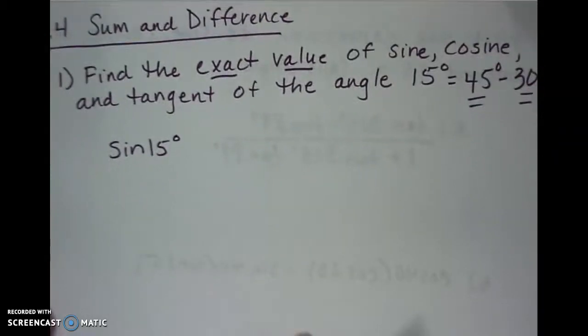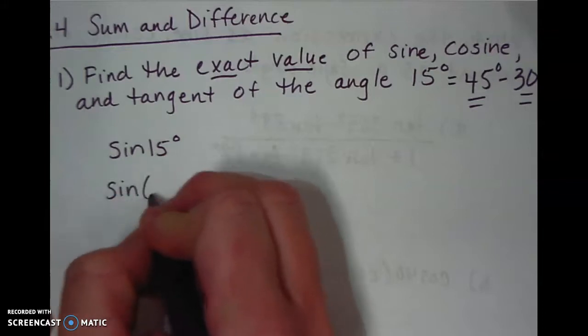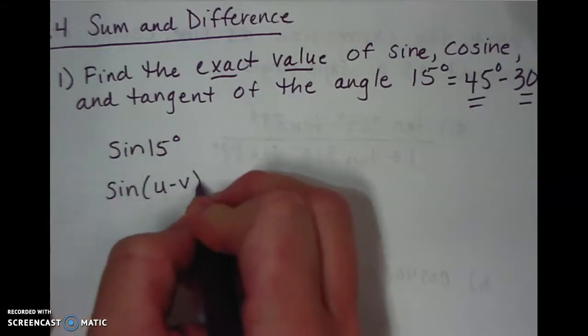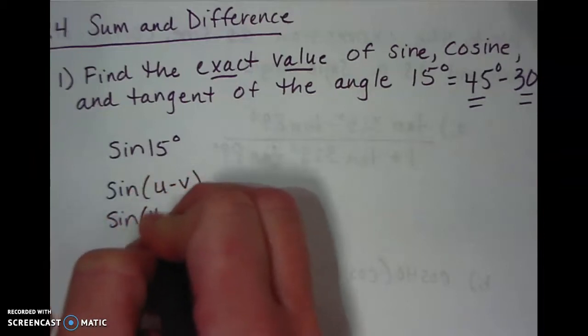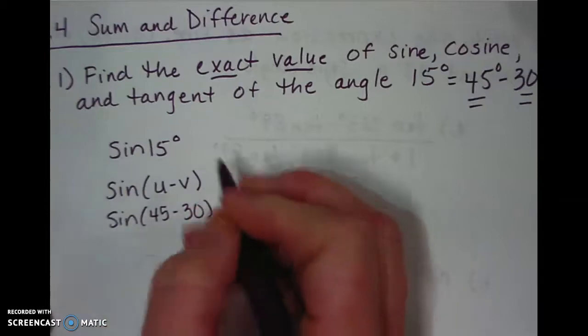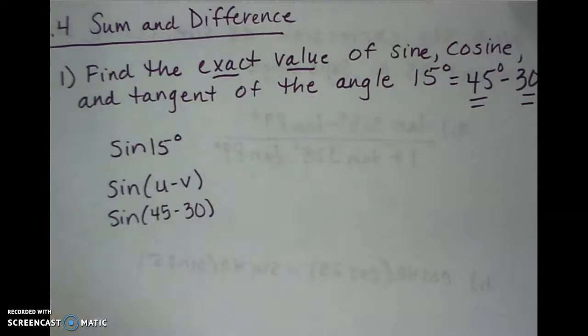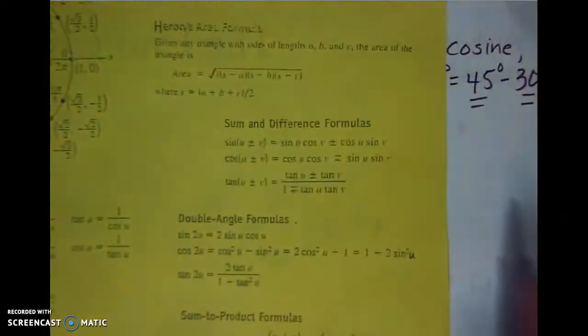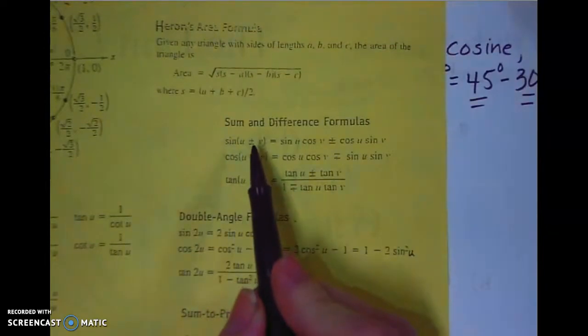So to find the sine of 15, we are going to use the sine of u minus v because we're subtracting. U is 45 and v is 30. That's how we're getting our 15 degrees. If you look on the formulas here, it says the sine of u plus or minus v.